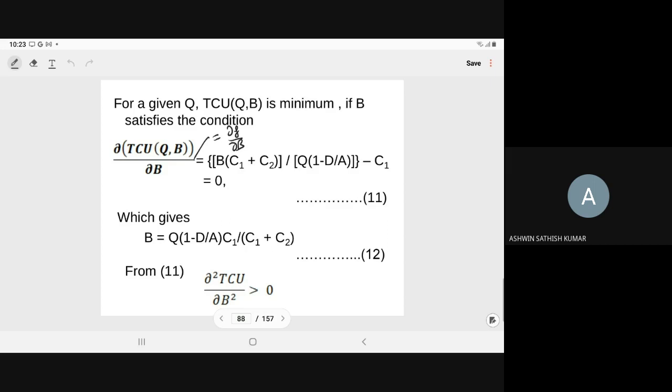When we equate it to 0, you will get B equal to Q into 1 minus D upon A into C1 upon C1 plus C2.